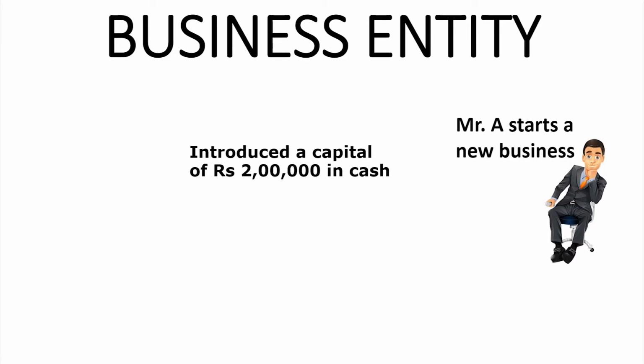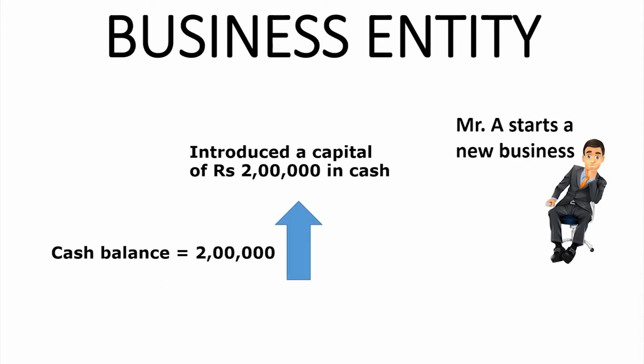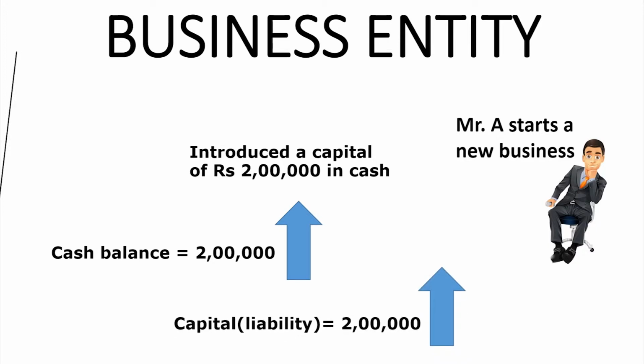It means the cash balance of Messrs. Independent Trading Company will increase by a sum of $2 lakh. At the same time, the liability of Messrs. Independent Trading Company in the form of capital will also increase. It means Messrs. Independent Trading Company is liable to pay $2 lakh to Mr. A.